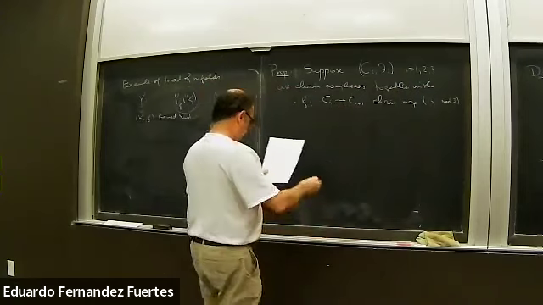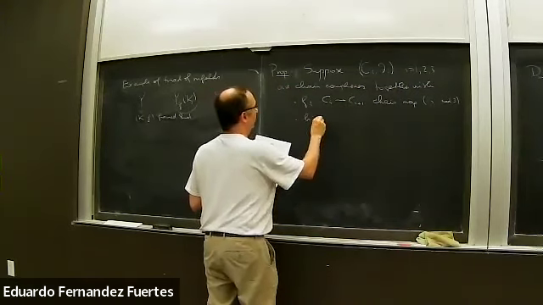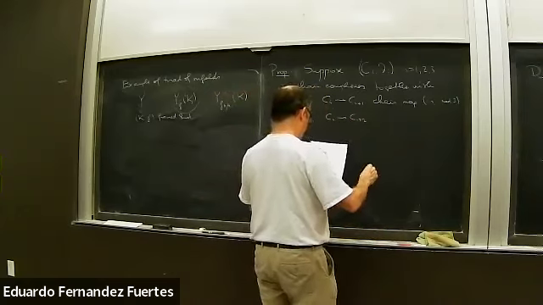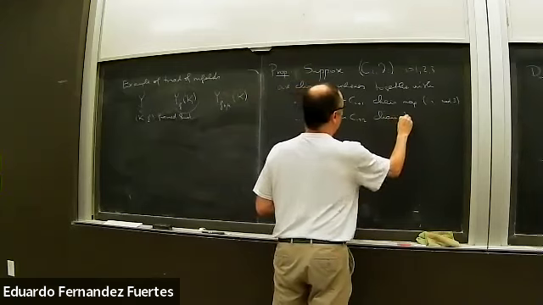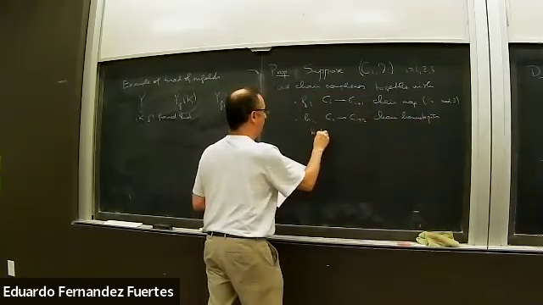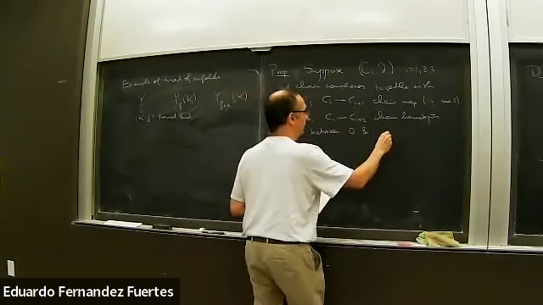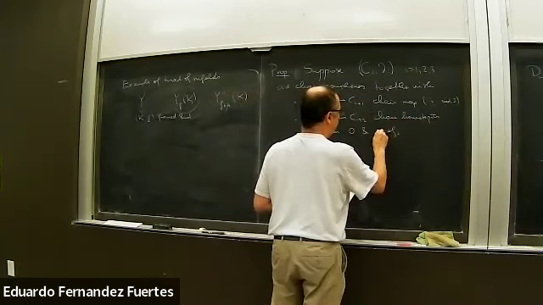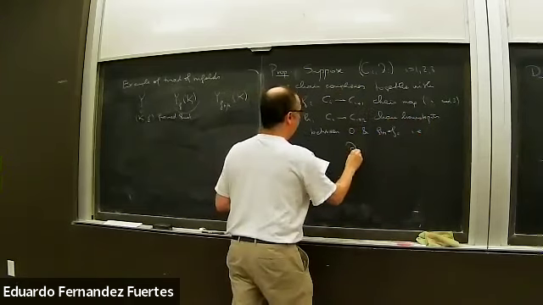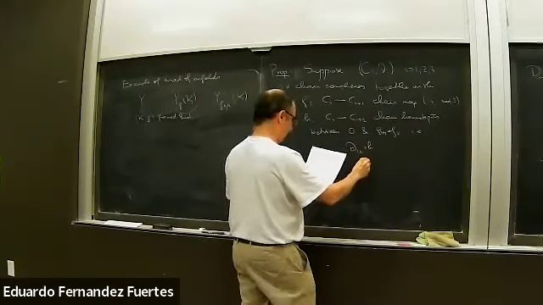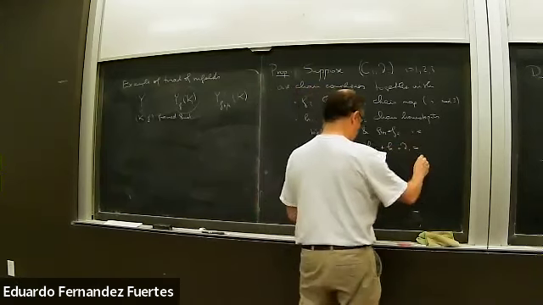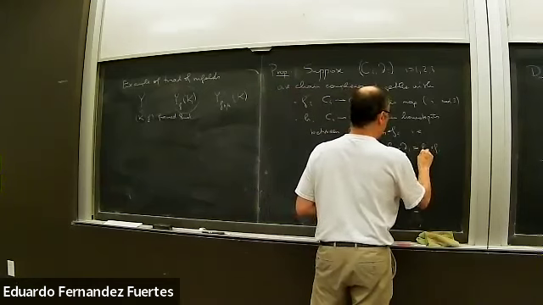And what else do we need? H_i from C_i to C_{i+2}, chain homotopies between the zero map and F_{i+1} circle F_i, that is, we have this equation: delta_{i+2} H_i plus H_i circle delta_i is just F_{i+1} circle F_i.